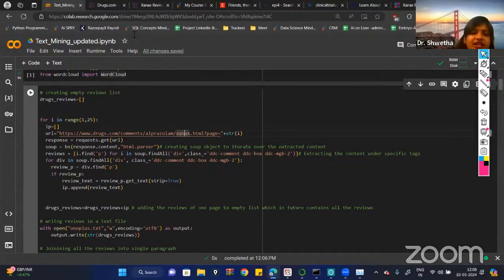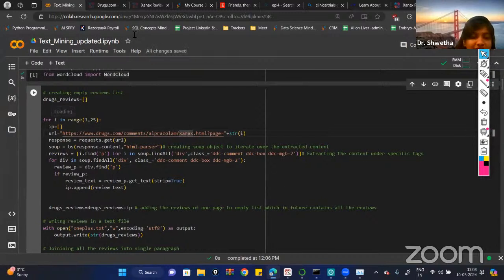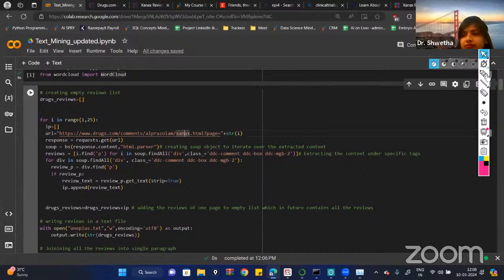After that, we are adding a string for every value of i. Now, the requests library will get this URL and get the permission from this URL to take the data. BS is the Beautiful Soup library, and from that we are asking the response to get the content from the HTML. So we are creating a soup object to iterate over the extracted content.